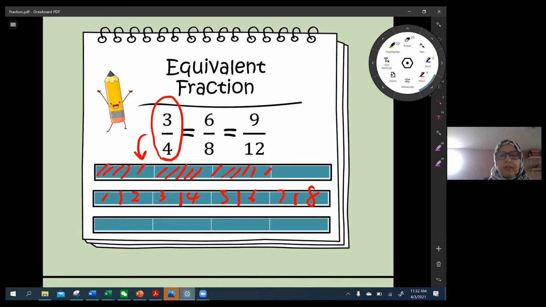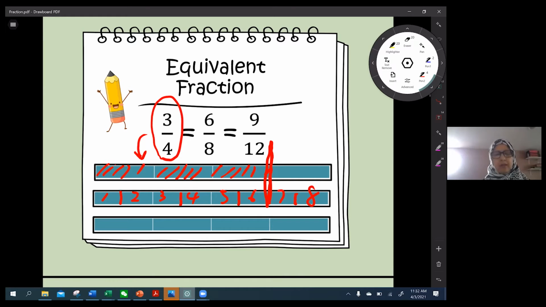After we cut it into 8 equal pieces, the shaded part becomes 6 pieces to make it equal. Are you following me? Does that make sense? Yes, 3/4 equals 6/8.